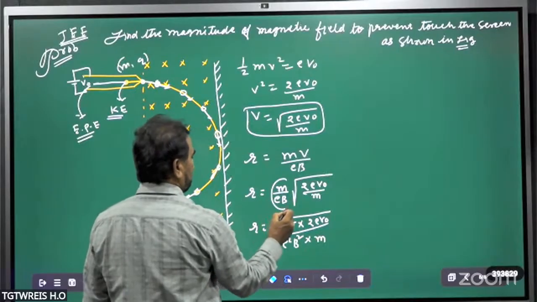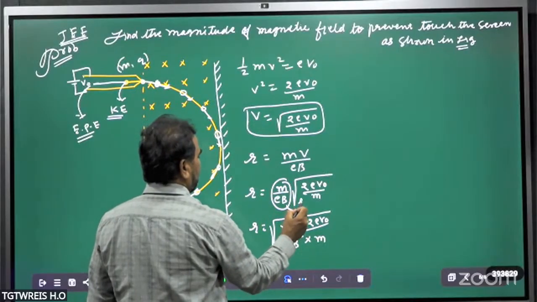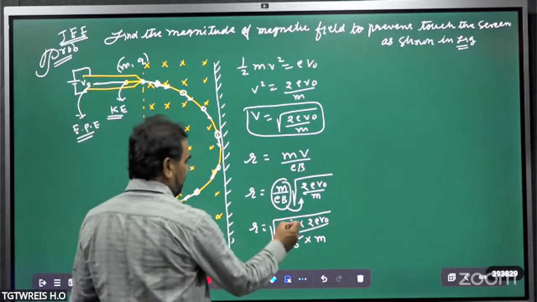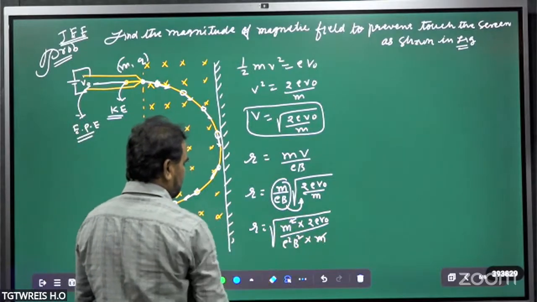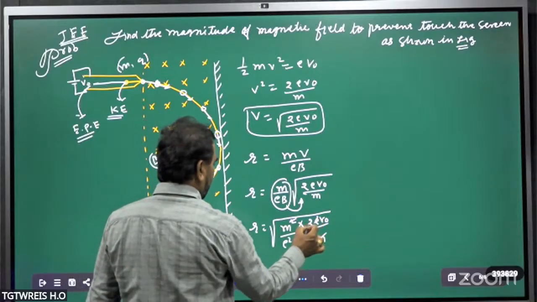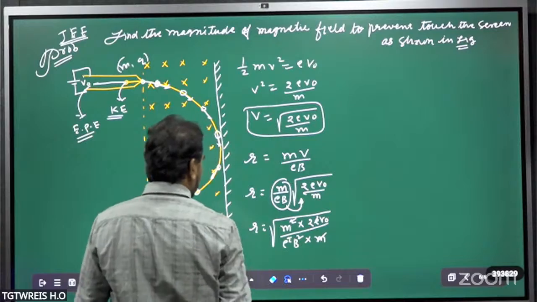This total term is taken under the root. Then the terms become like this. One m and m get cancelled out, and one e also gets cancelled out.